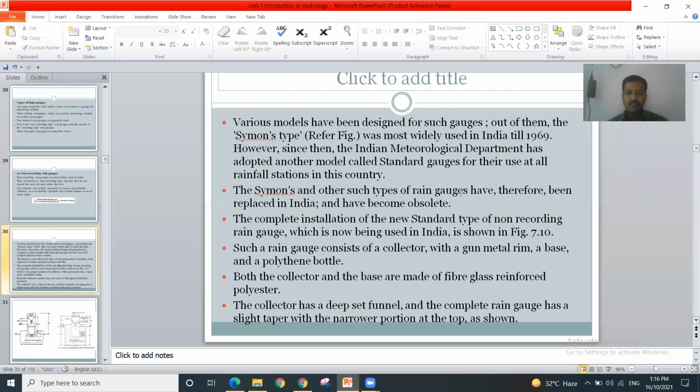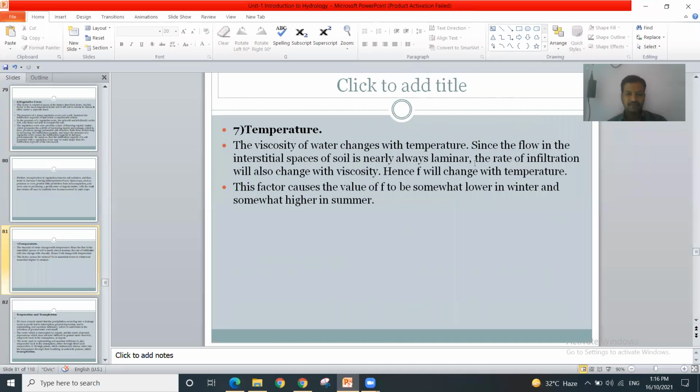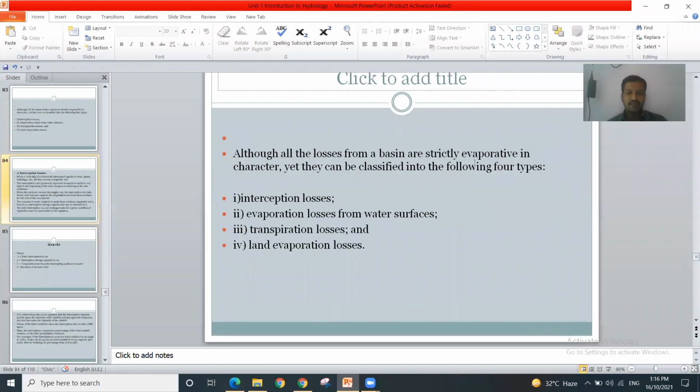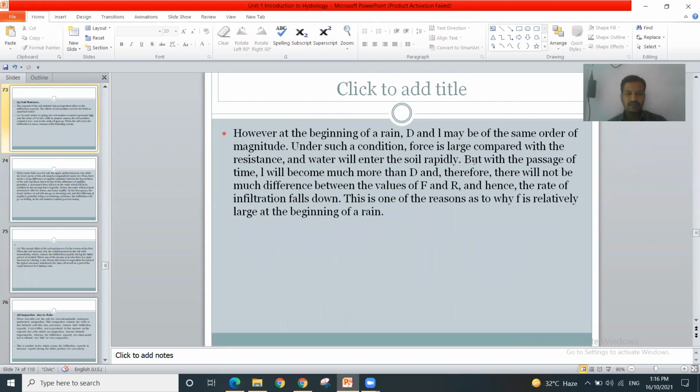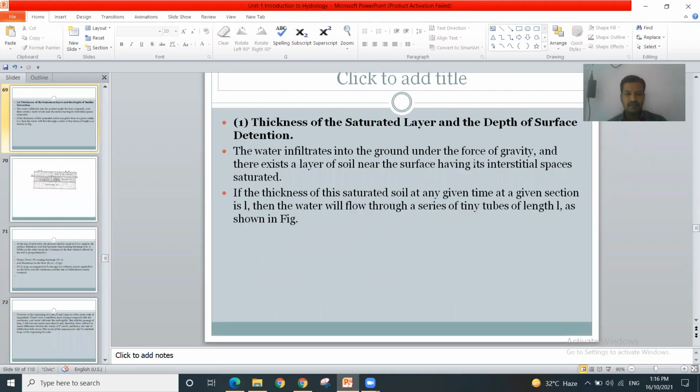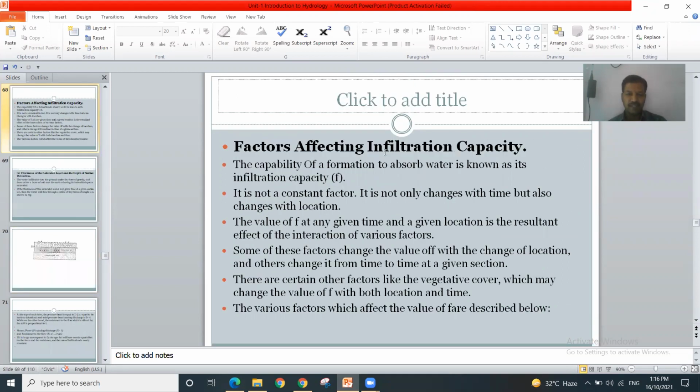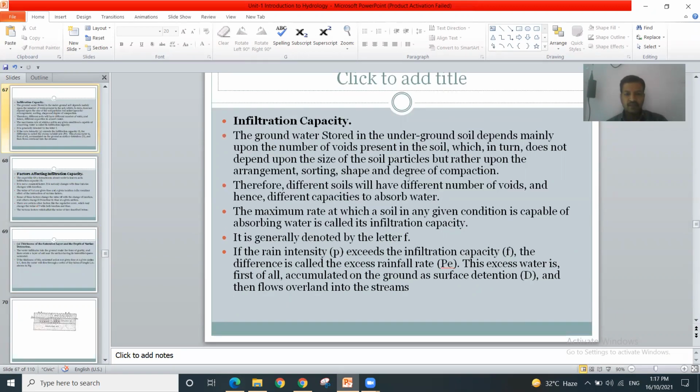Now we are going to see the factors affecting infiltration. There are different factors affecting infiltration capacity. So what is infiltration capacity?